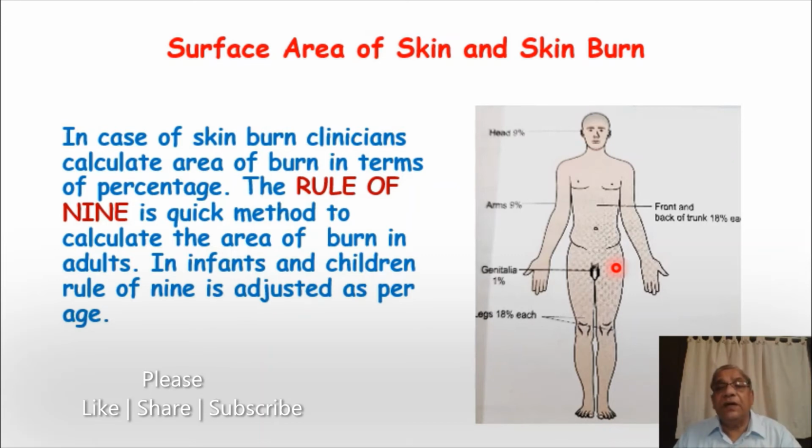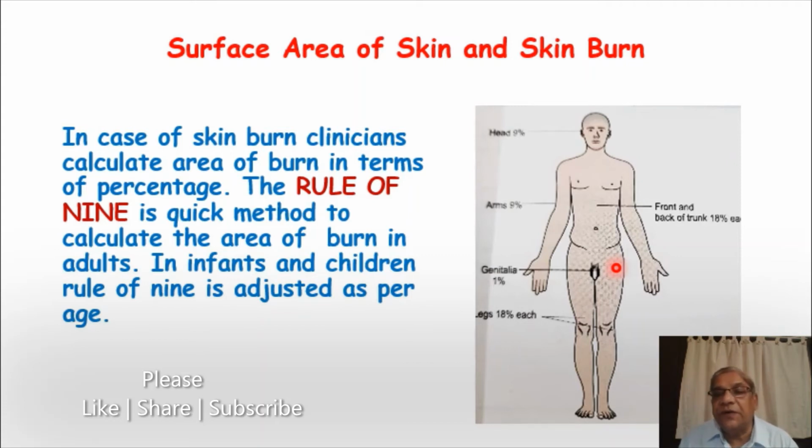Now they follow a rule of 9 for quick, approximate calculation, not very accurate. This rule of 9 is applicable only in adults.